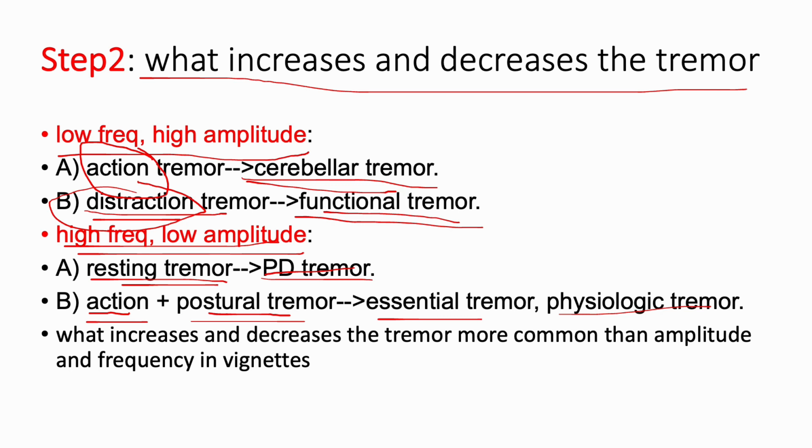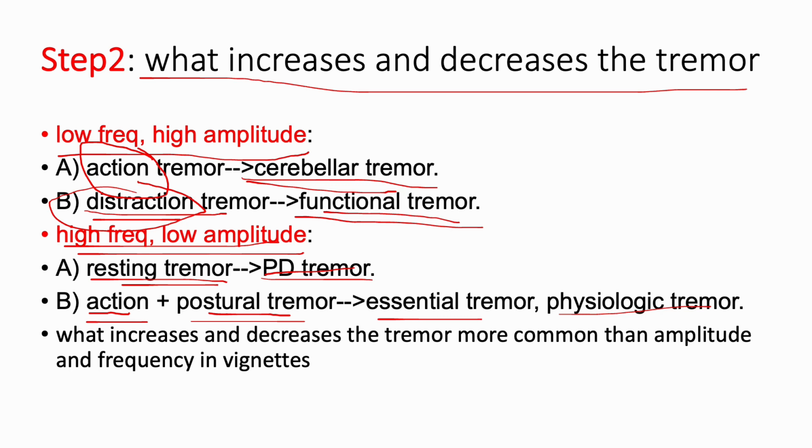What is the postural tremor? The postural tremor is a type of tremor that is increased when the patient outstretches his hands. So if you see in the question stem that when the patient outstretches his hands and arms, the tremor increases, in that case, you have to think about an essential tremor, physiologic tremor.